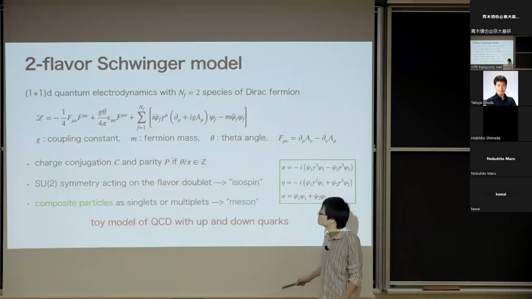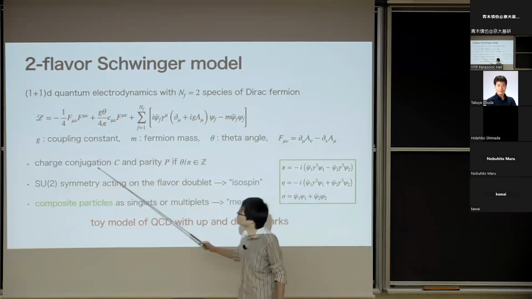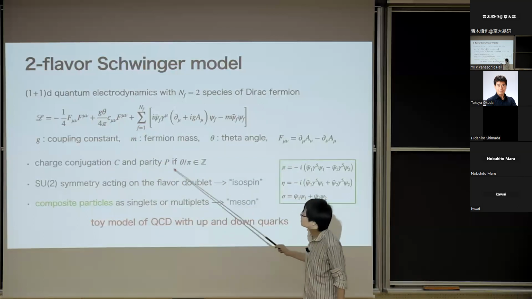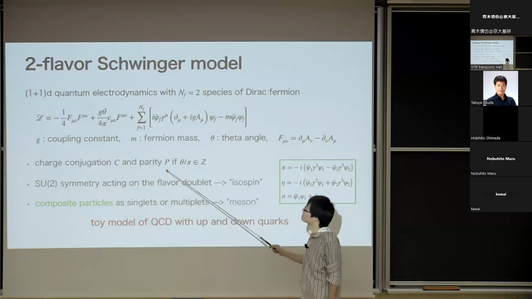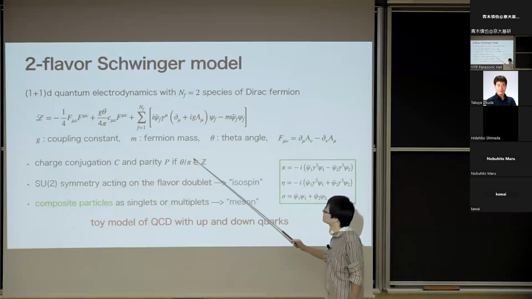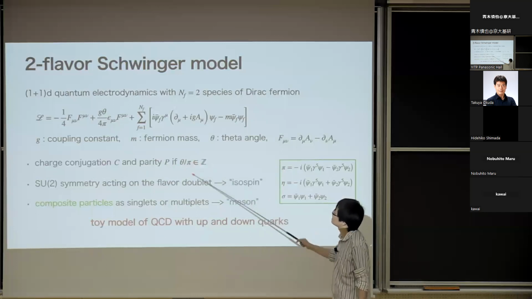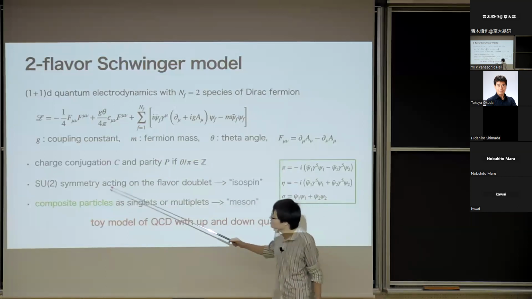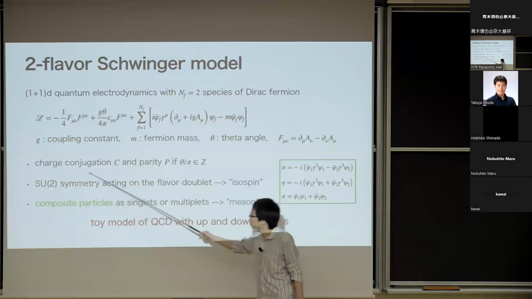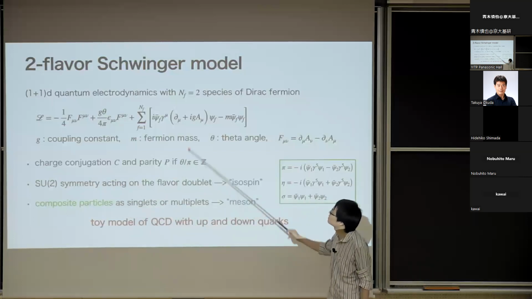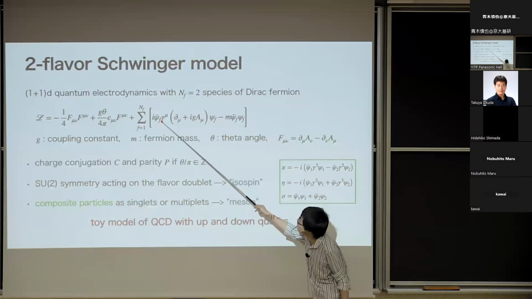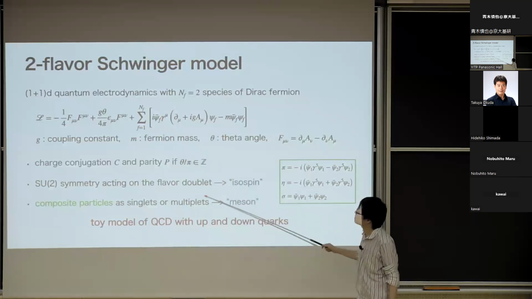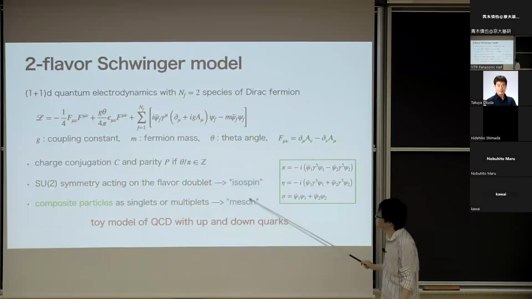And this model has some symmetry. For example, charge conjugation and parity. This discrete symmetry exists when theta is pi times some integer. Also, there is an SU(2) symmetry acting on the flavor doublet, where f denotes the flavor index. We call this symmetry isospin symmetry.